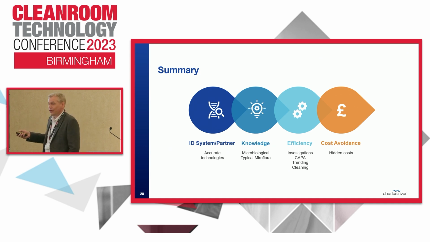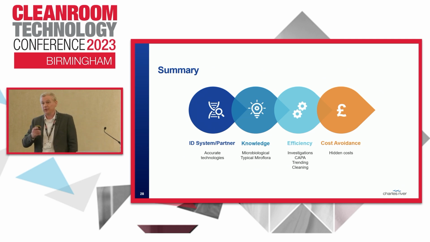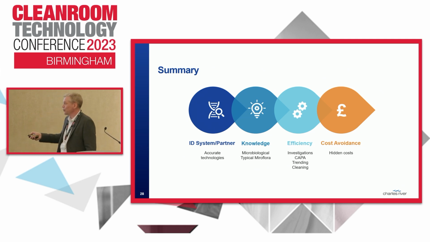When you have good knowledge, it leads to better efficiencies. You have more streamlined investigations when something does go wrong. You're more likely to get to root cause and develop the right CAPA. Your trending's more accurate. If you know exactly what's present and how it changes throughout the year, it can inform your cleaning and disinfection program more accurately.